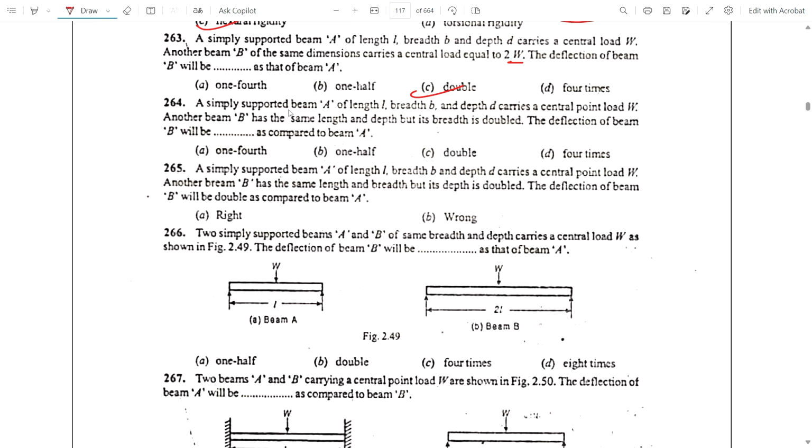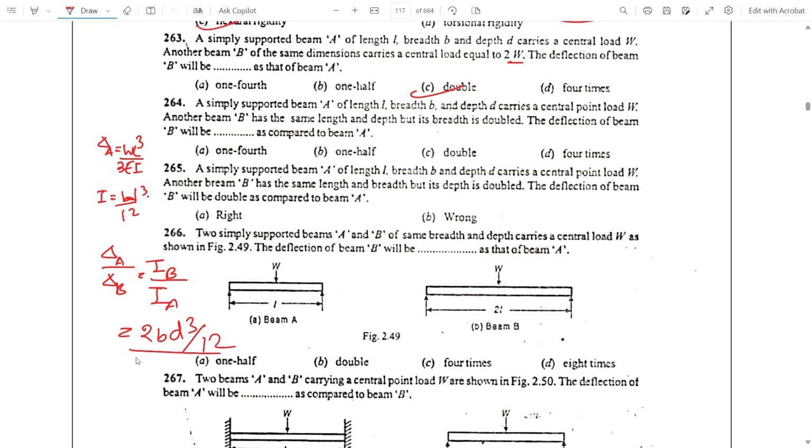Now question number 264 is almost the same. A simply supported beam A has length L, breadth B and depth D and carries a central load W. Another beam B has the same length and depth D, but its breadth is double. The formula is WL cube by 3EI, and the moment of inertia for a rectangular section is bd cube by 12. Since the breadth is 2 times, delta A by delta B is inversely proportional to I, so it is I B by I A. That is 2b d cube by 12 divided by bd cube by 12.